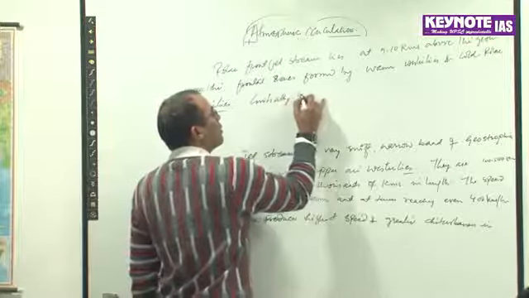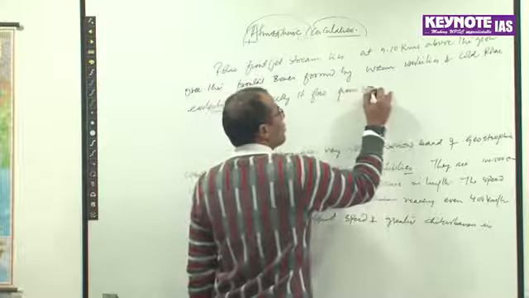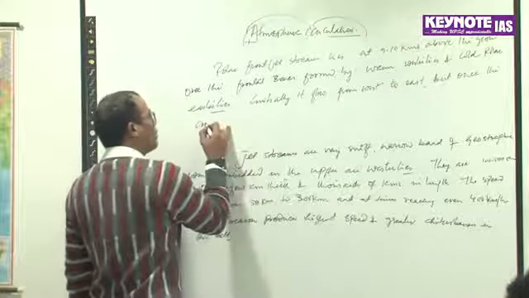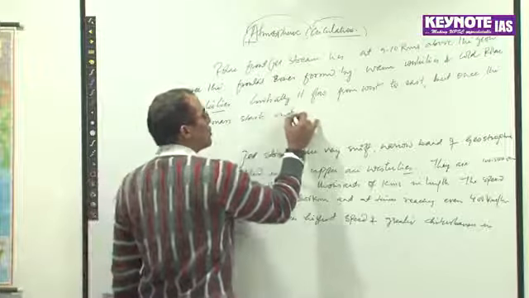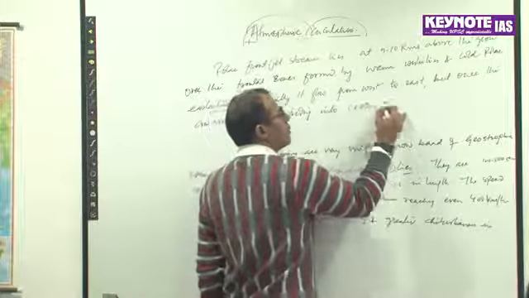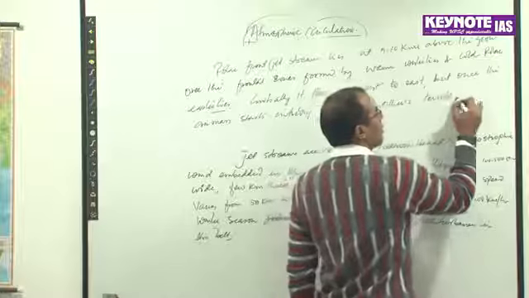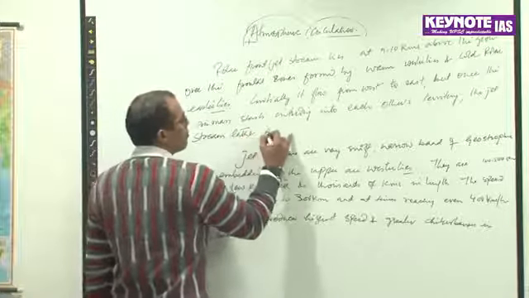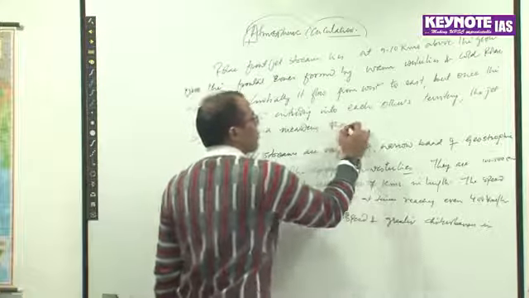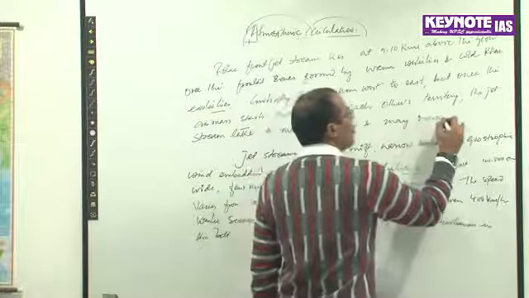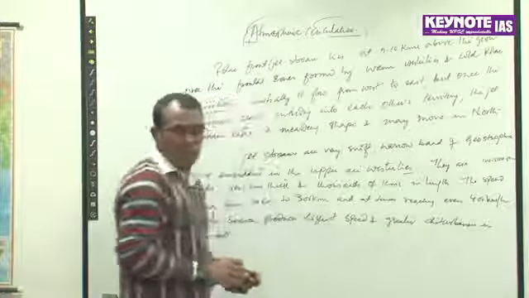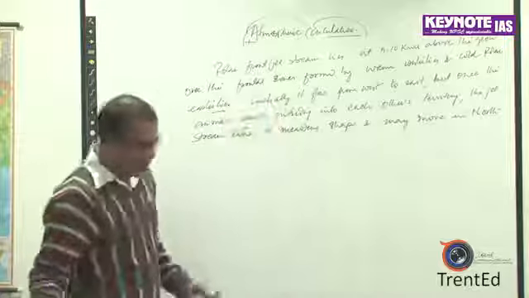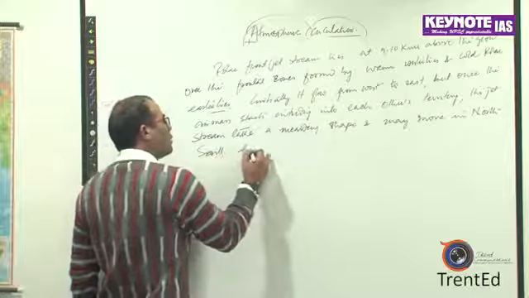Initially, it flows from west to east, but once the air masses start intruding into each other's territory, the jet streams take a meandering shape and may move in a north-south direction.